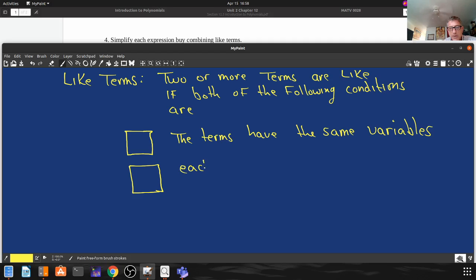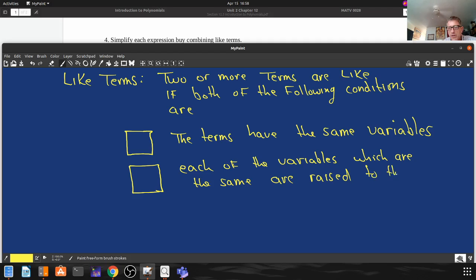Each of the variables which are the same are raised to the exact same power.